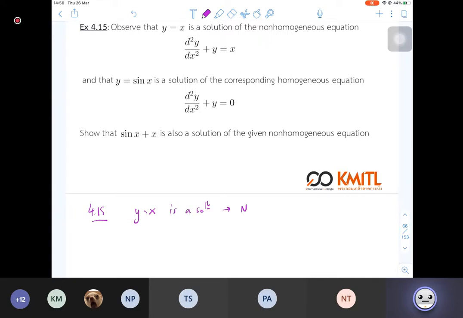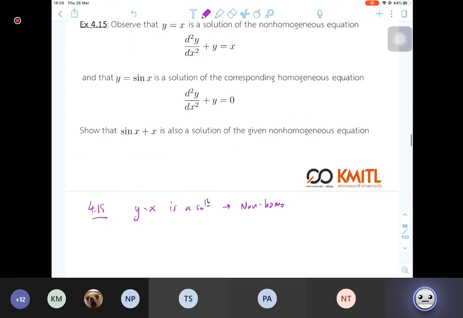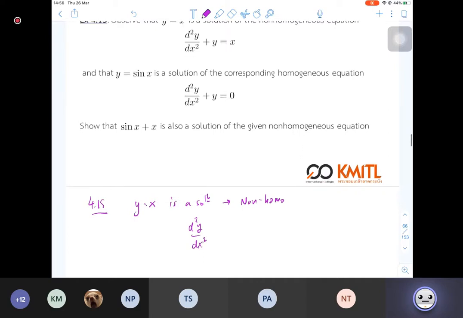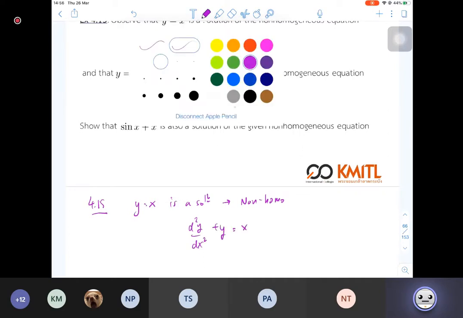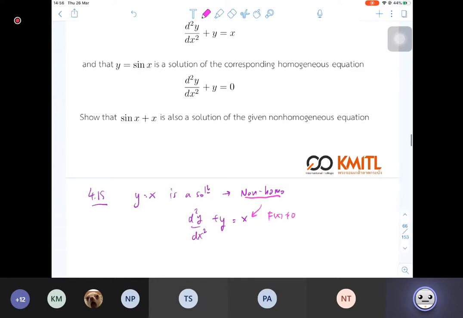This is for the non-homogeneous, right? And the equation is d squared y by dx squared plus y equal to x. It is non-homogeneous because f of x is not equal to 0, all right?